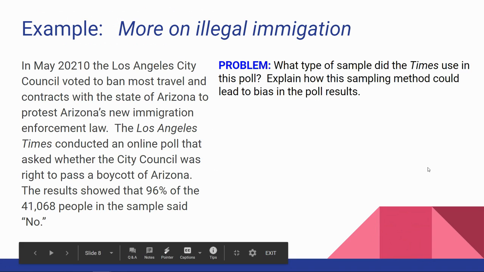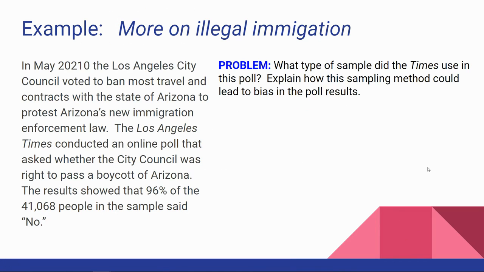Here's an example of a problem that would relate to this. And I've done this for several of them. I'm not going to read through this whole thing. You can go back and look at this again if you are trying to get an idea of how to word an answer. That's the whole purpose of all of these examples that I'll be giving. So you have a situation where you have an article. You have the question: what type of sample did the Times use in this poll?